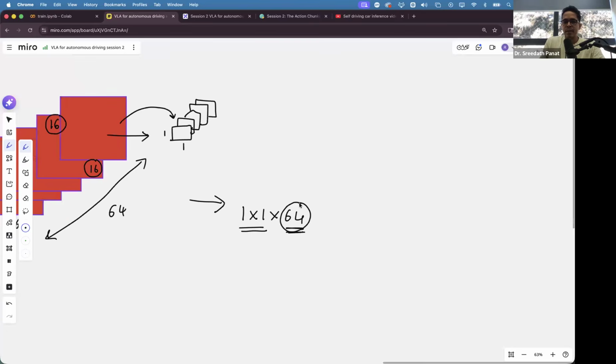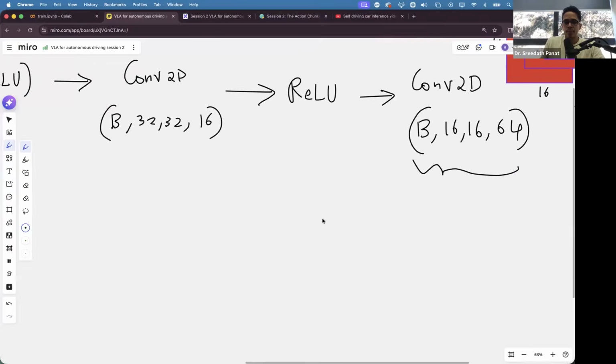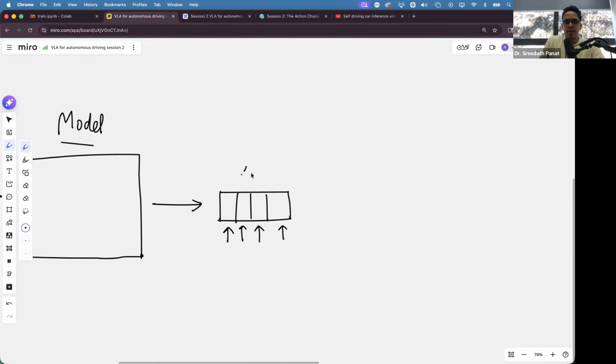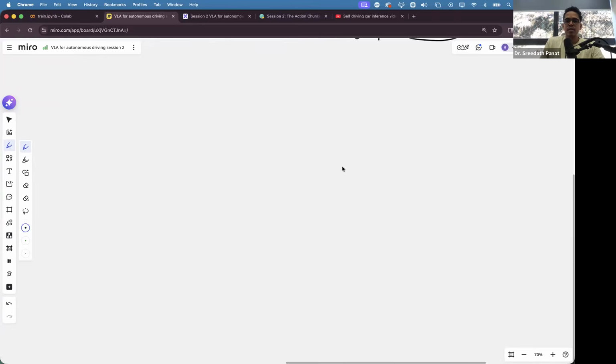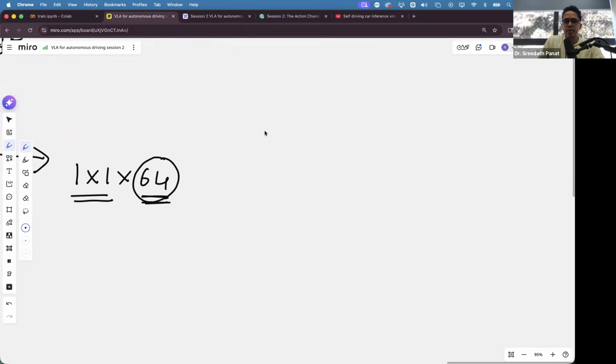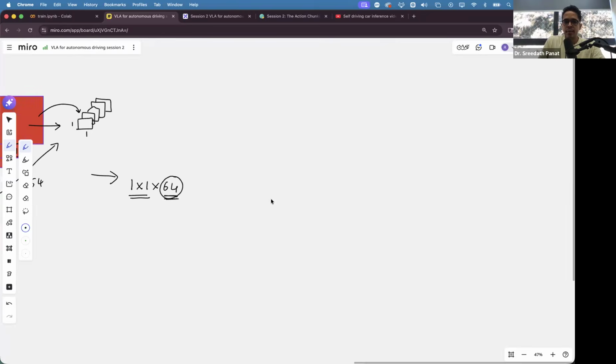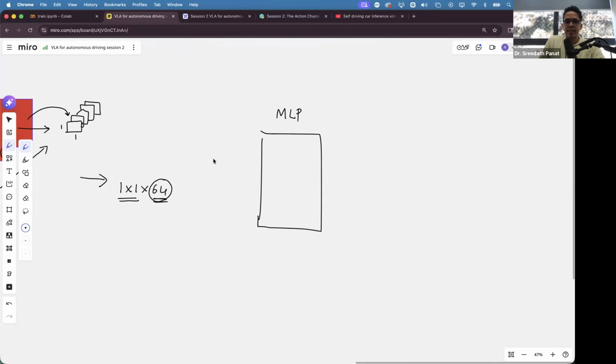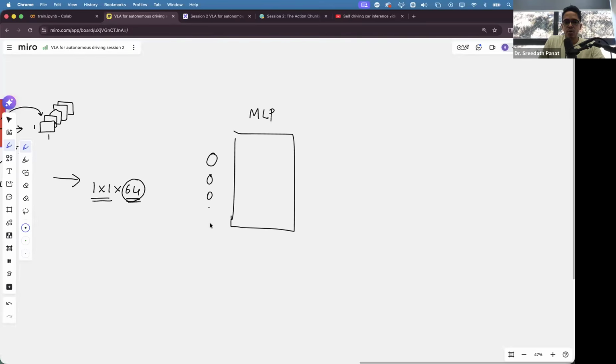Now what you need is something of dimension 4, because the dimensionality of each action is 4. You have front, left, right, back. So you have to somehow convert this 64 into 4. What you can do is have a multi-layer perceptron, MLP, where the initial layer maps the 64 nodes, maybe 64 into 128 or 64, with a fully connected layer with ReLU or some activation function.